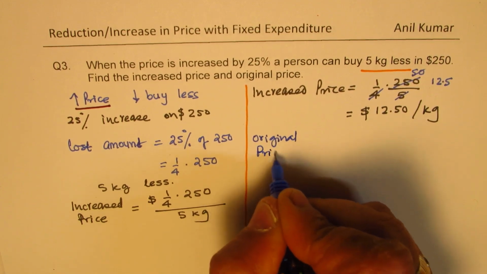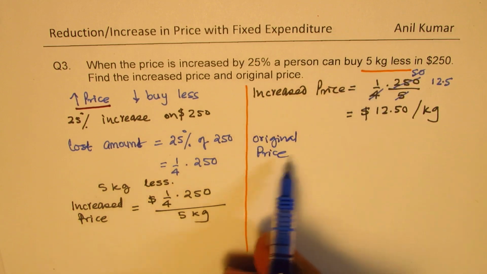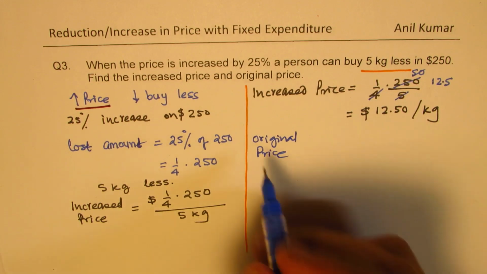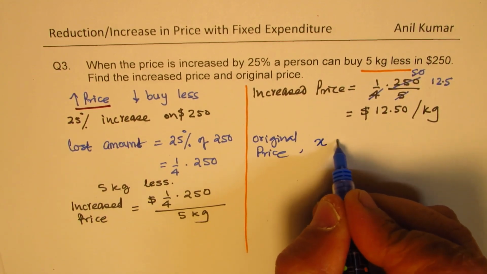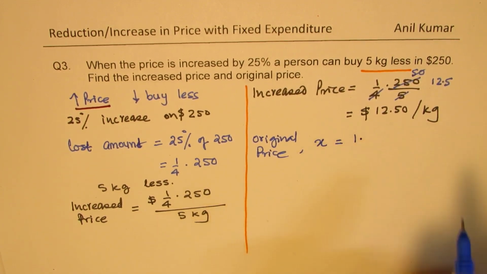Original price. It says when the price was increased by 25%, we get the increased price. Is it okay? So the increased price is 1.25 of the original price, right?